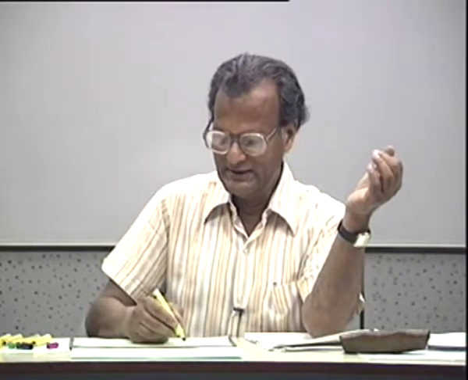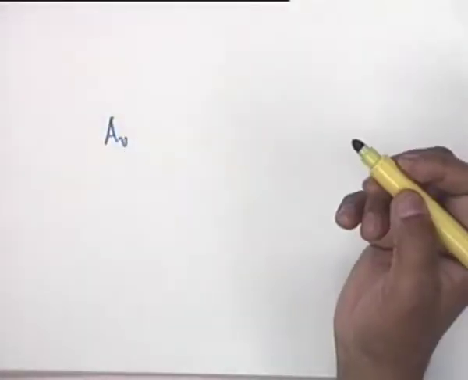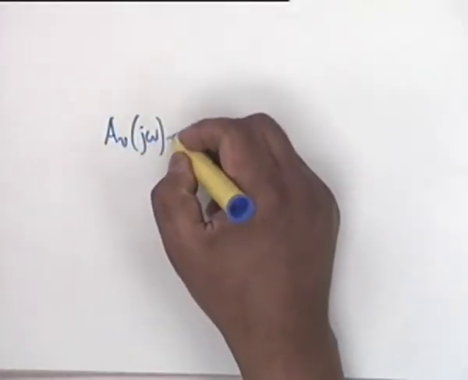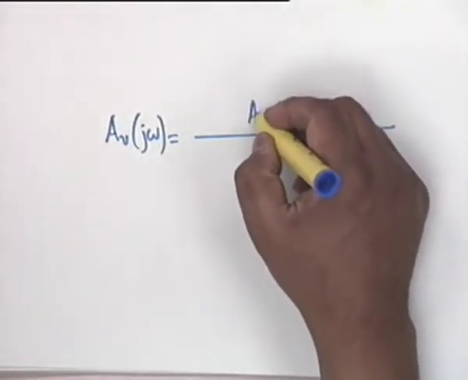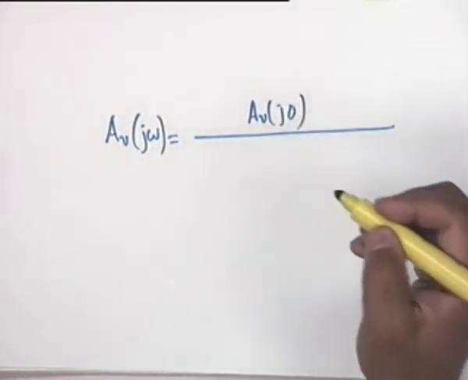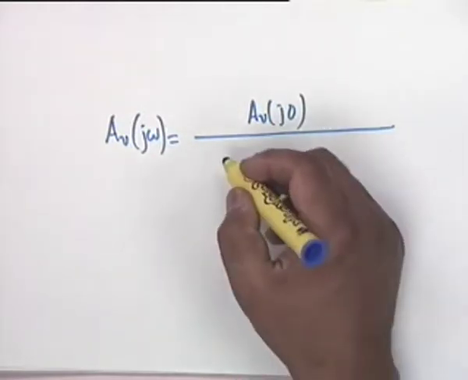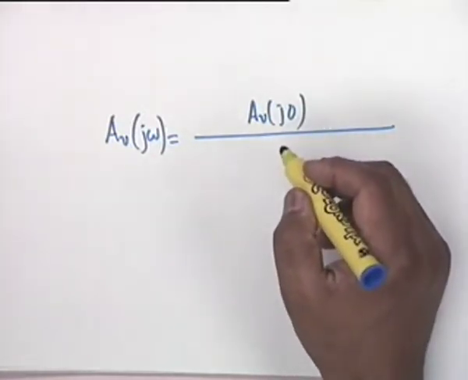But nevertheless, the overall voltage gain S sub V j omega, can you tell me the general form? It would obviously be AV J0, that is the midband value, divided by 2 poles. Actually there would be 4 poles because each transistor contributes 2.